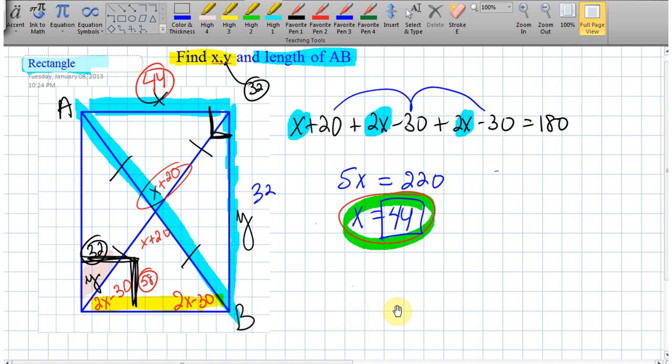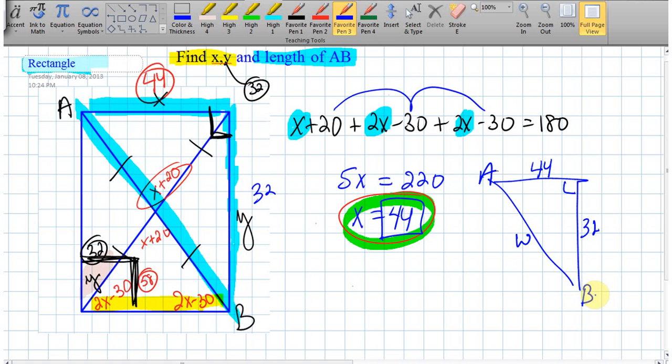So if I were to redraw this triangle over here, 44, this is 32, and now I'm just going to make up a variable in here. I'm going to call this W. W is going to be representing the length of AB.